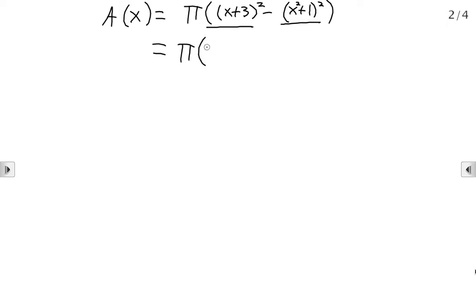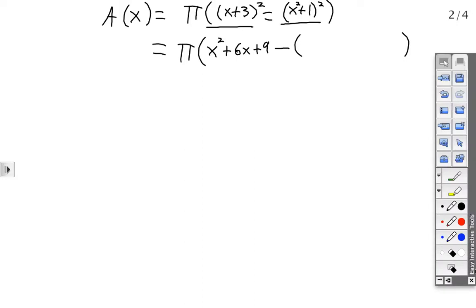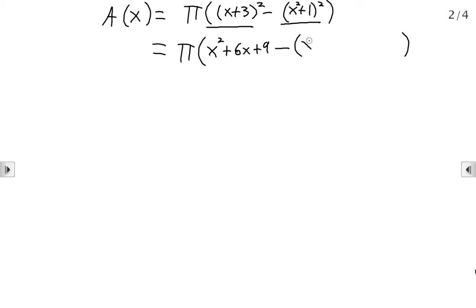The first binomial expands to x squared plus 6x plus 9. And then it is very important to keep some parentheses so that you properly subtract this term. (x squared) squared is actually going to be x to the 4th. And then 2x squared. And then the final term is plus 1.